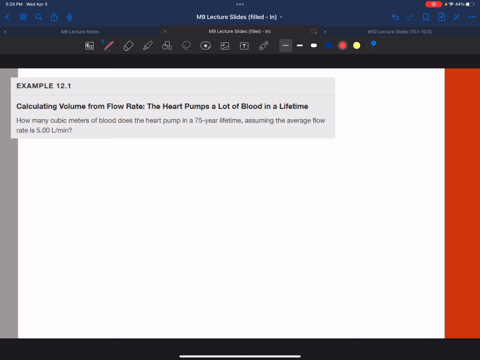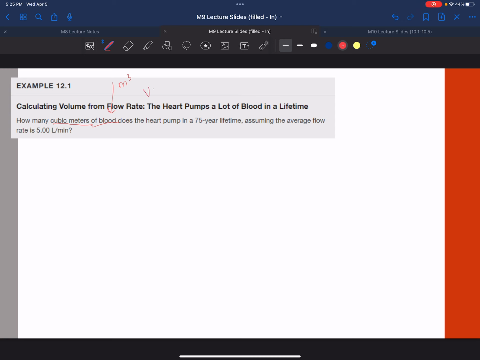Let's go ahead and apply this by figuring out how many cubic meters of blood the heart pumps in a 75-year lifetime. And we're assuming the average flow rate is 5 liters per minute. So we want to know some information about cubic meters of blood. Cubic meters, so that's meters cubed, and it's blood. Well, that's a unit for volume.